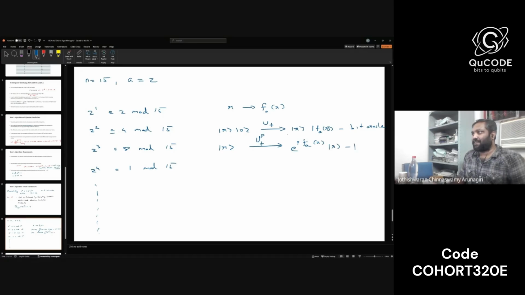So this is the phase oracle representation of the function. I can create either the bit oracle or the phase oracle representation of the function.